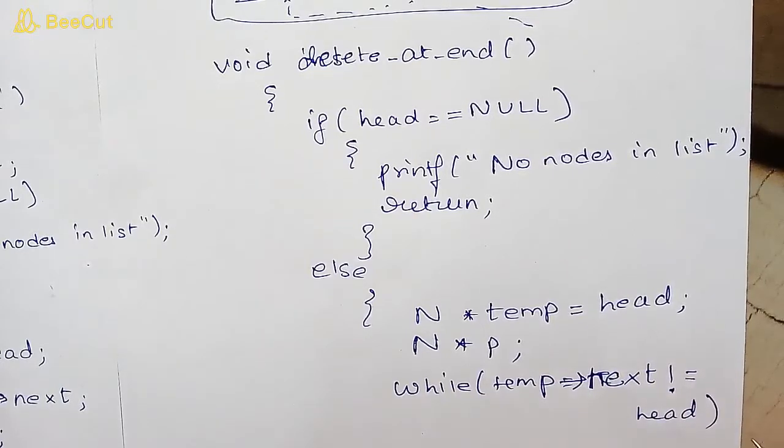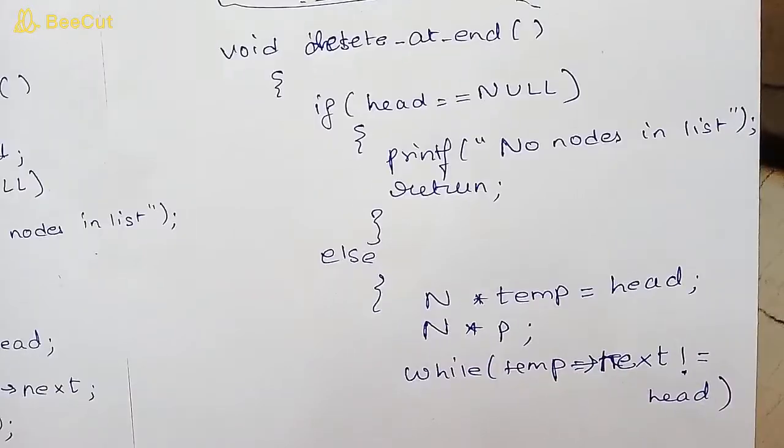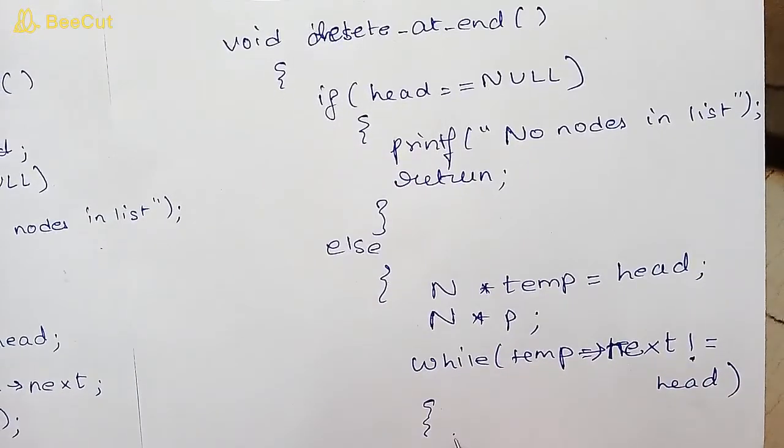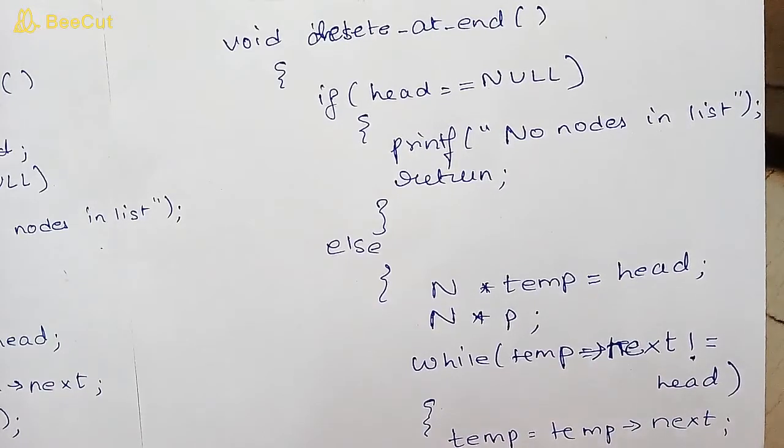Here the null field is not there, so I'm taking while temp next is not equals to head. What I have to do, simply I have to traverse it, temp equals to temp next, and I have to take one pointer which should point to the previous node of temp, so p equals to temp.